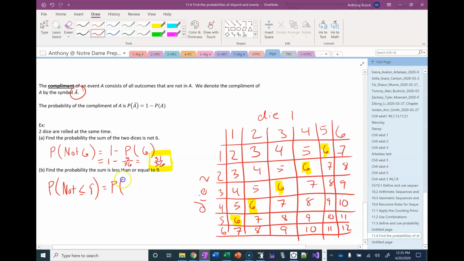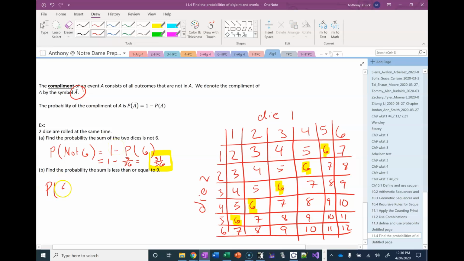Well, not less than or equal to 9 is the same thing as greater than or equal to 10, right? Oh, I'm sorry. Okay. All right, let me rewrite this.